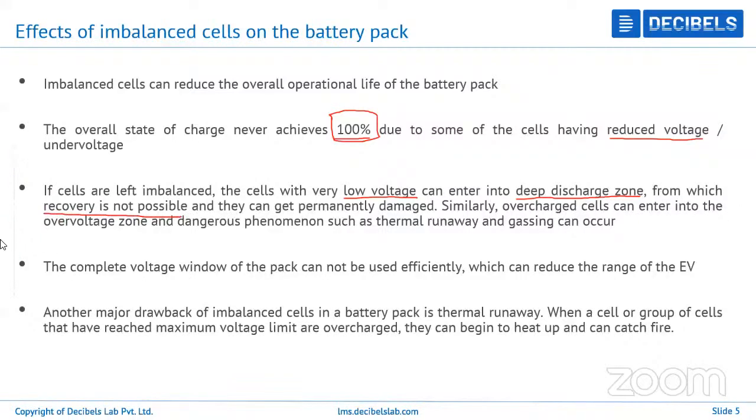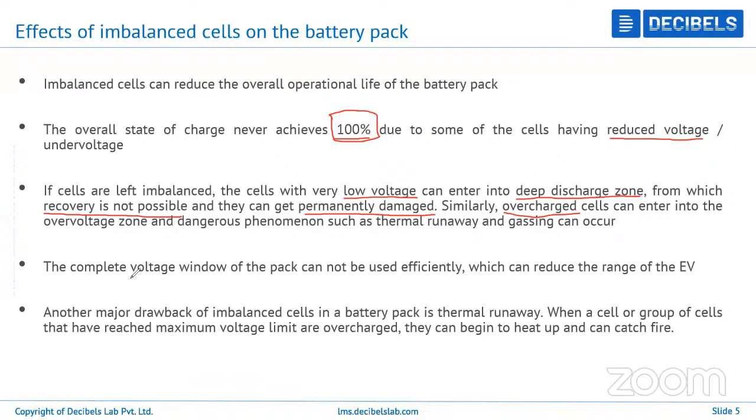It is going to be permanently damaged, and no matter how many times you try to charge it, it will not recover the complete voltage and will give you incomplete life, right? So the cell has been permanently defected. Similarly, overcharged cells can enter the over voltage zone and cause thermal runaway, gassing, heating, and can even explode the cell.